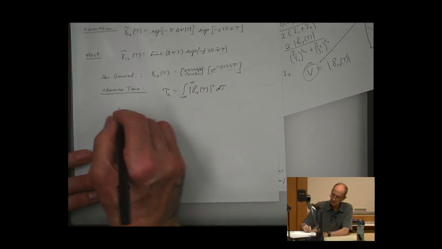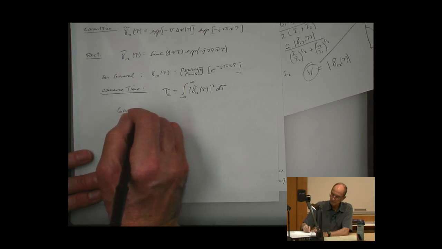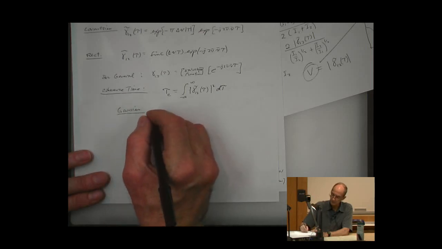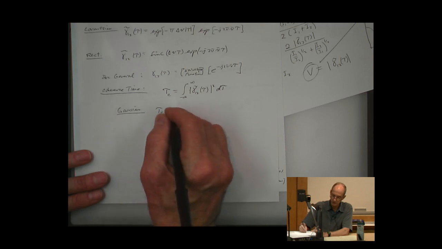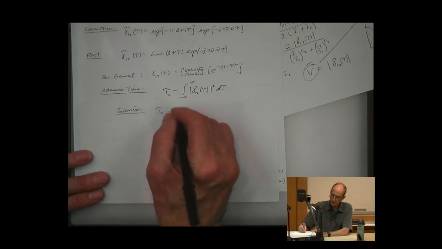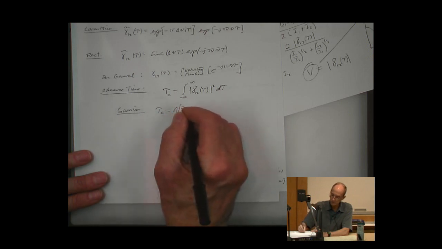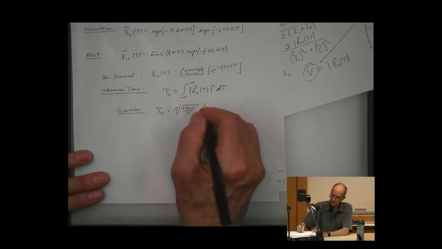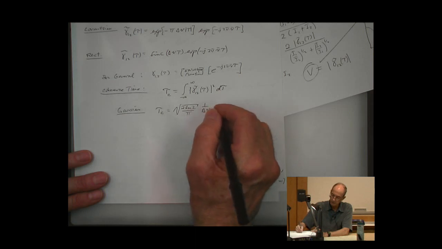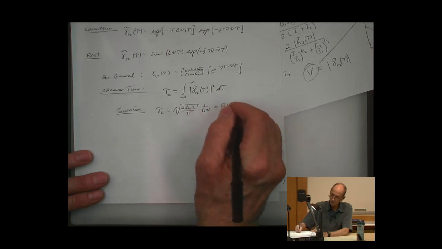And so for the Gaussian source, we have a tau sub c, which is equal to the square root of 2 ln 2 divided by pi times 1 over delta nu, which is 0.644 over delta nu.